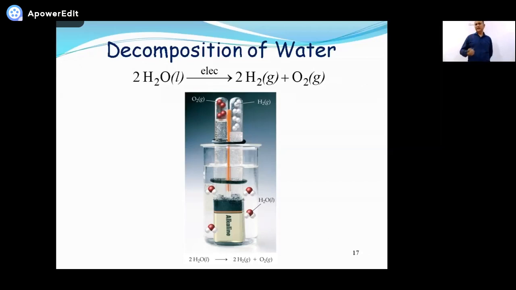When you pass electricity, the components of the solution break. For example, if you pass electricity through water with some acid or base, it will decompose into hydrogen and oxygen. So it's a decomposition reaction.